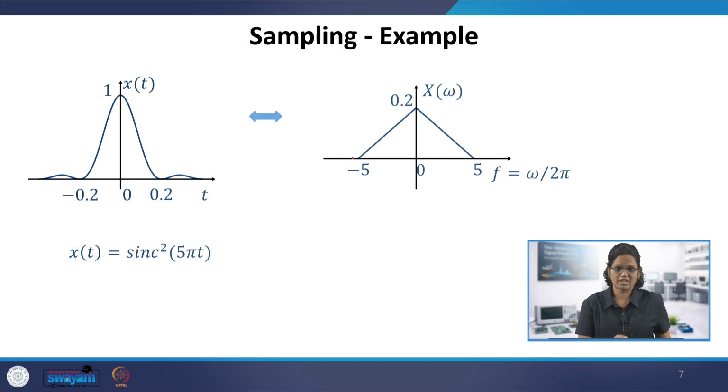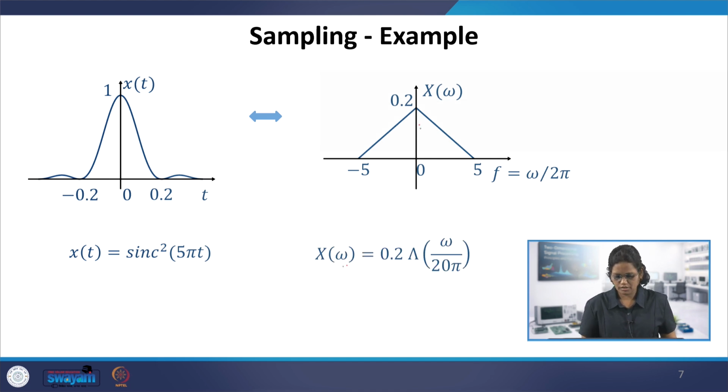That is known from the Fourier transform pairs. For a rectangular function, the transform is a sinc function, and for a sinc function, it should be a rectangular function. So these are Fourier transform pairs. This is plotted against f, and this is X of omega. For the given x of t, X of omega is a triangle function defined like this, with omega maximum 10 pi, that is 2 pi f, and here minus 10 pi.